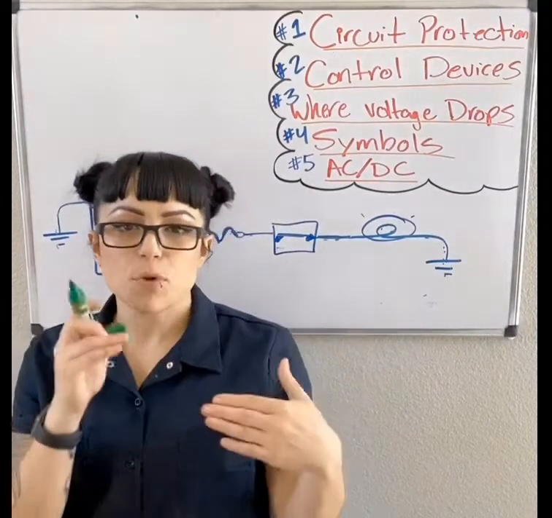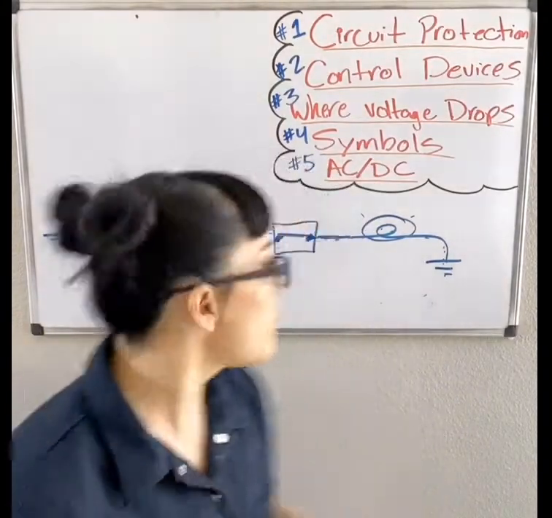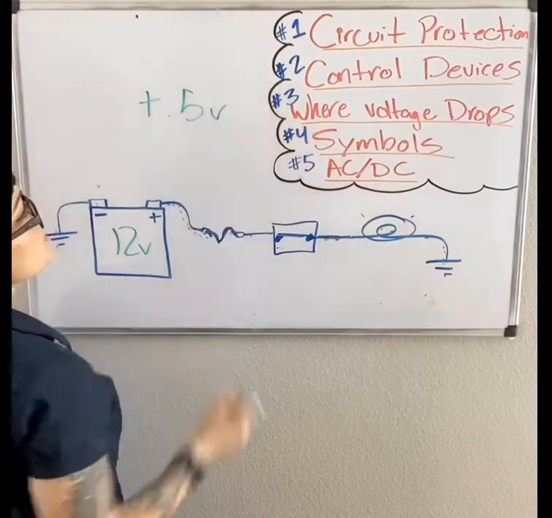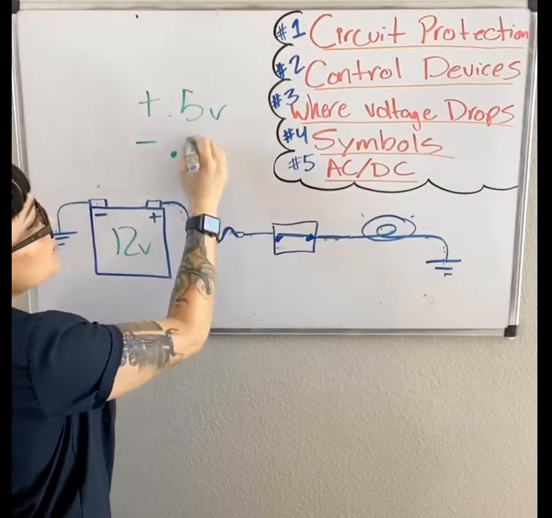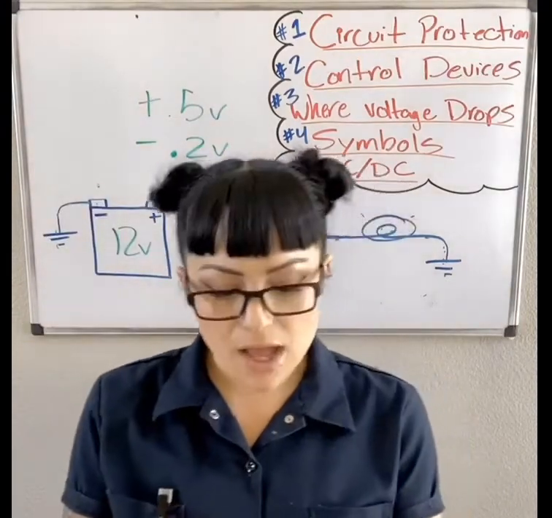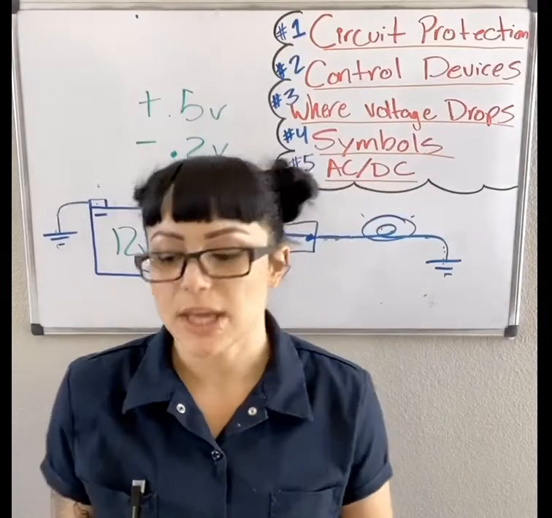Now, because of multiple connections, we do end up using a little bit of voltage. On the positive side of most circuits, it's usually about half a volt. On the negative side of circuits, it's usually about 0.2 volts max, on either side, of how much voltage you're allowed to use up in the circuit.